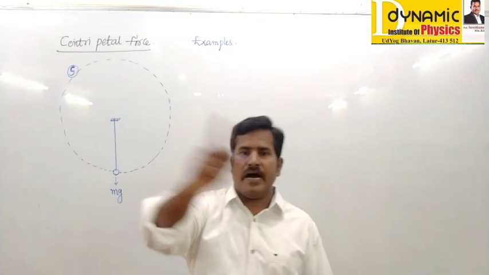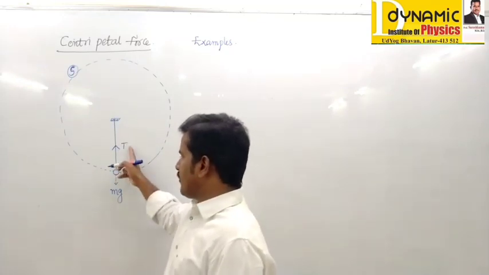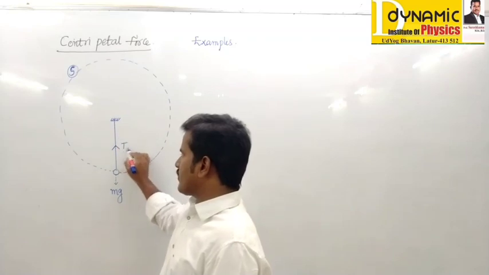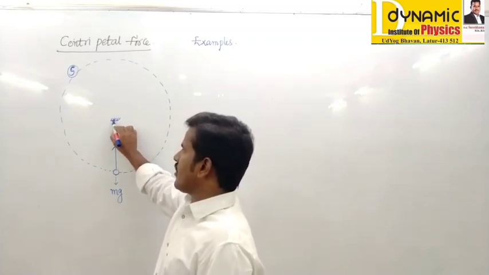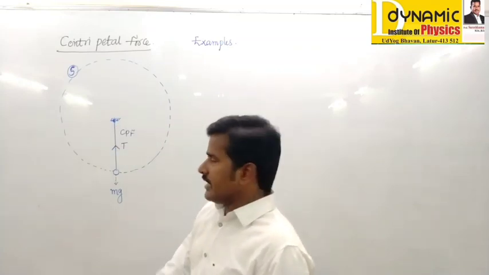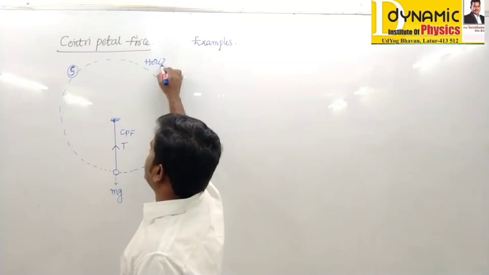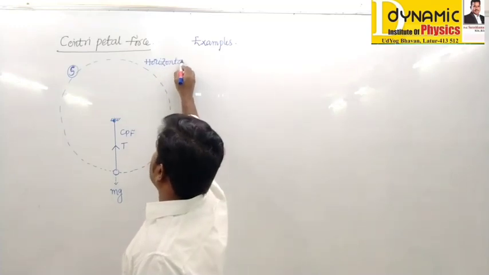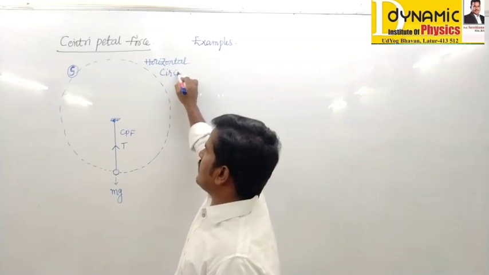Then the tension provides the centripetal force. Tension gives the centripetal force, which is always toward the center. This is horizontal circular motion.